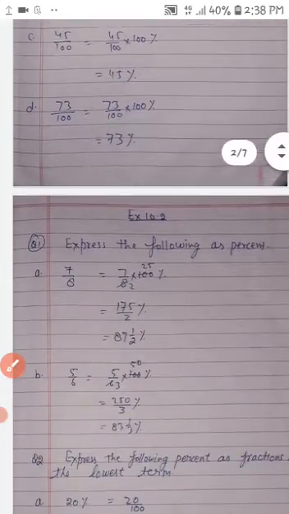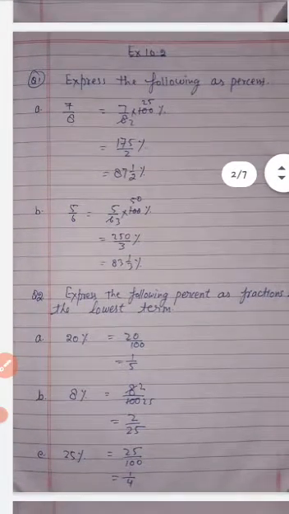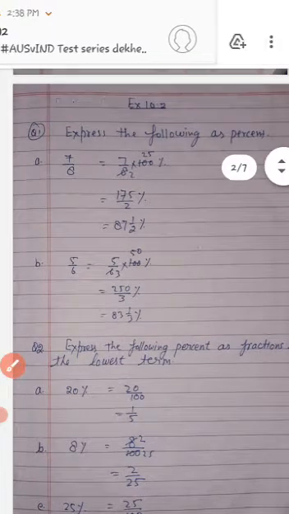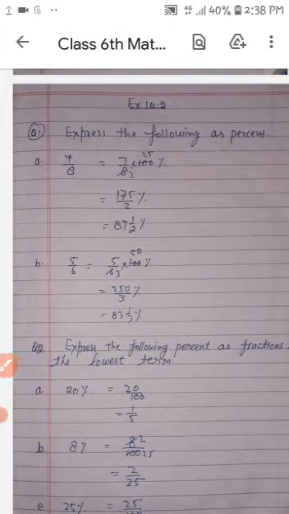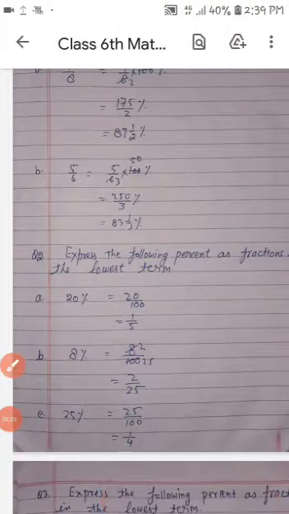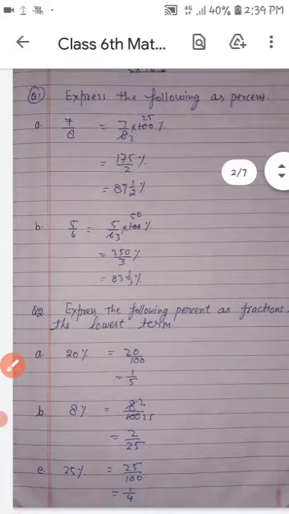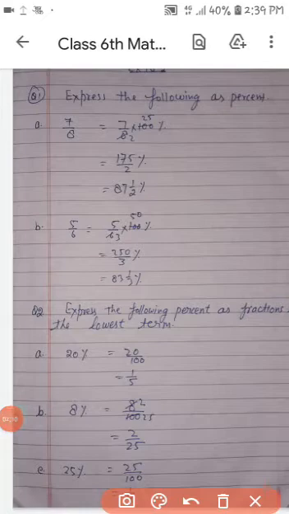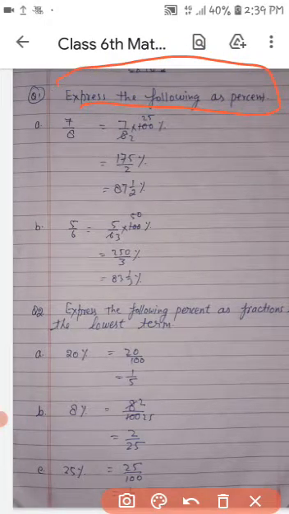Okay, children. Now we go to exercise 10.2. Express the following as a percent. Question number 1: 7 upon 8 multiplied by 100 and write the percentage sign.